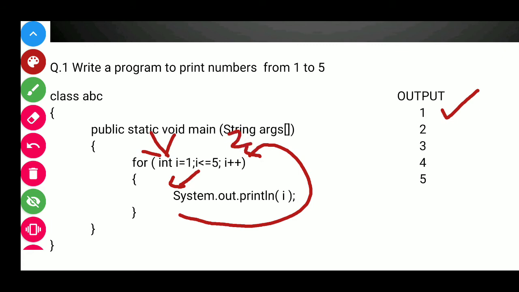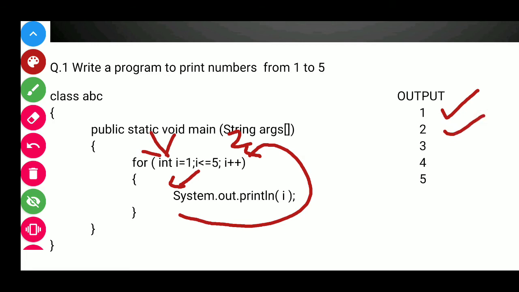Clear? Again it will reach the condition to check whether 2 is less than or equal to 5. Yes, the condition is true. Again it will get inside the loop and it will execute System.out.println(i). i is 2, so 2 will print.